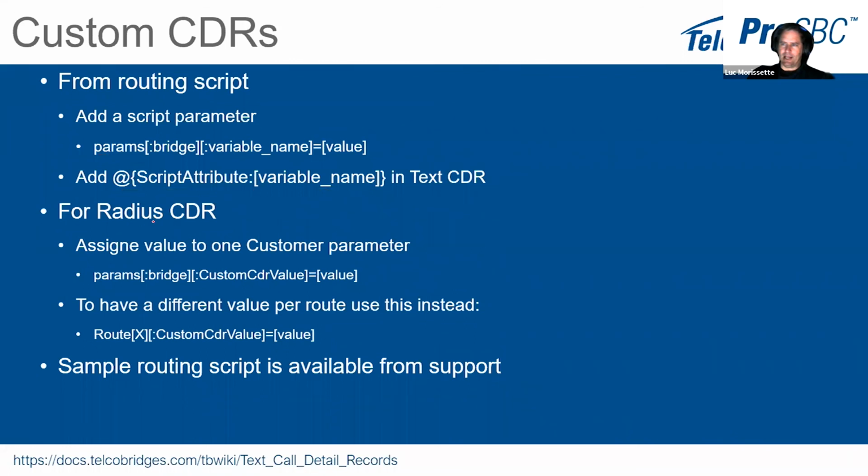For radius, it's the same thing, right? Instead of using a variable name, you need to use the custom CDR value. This is a very specific name. You cannot change this one, but you can assign any value to this parameter, and then in the radius accounting, it's going to be sent as this value.